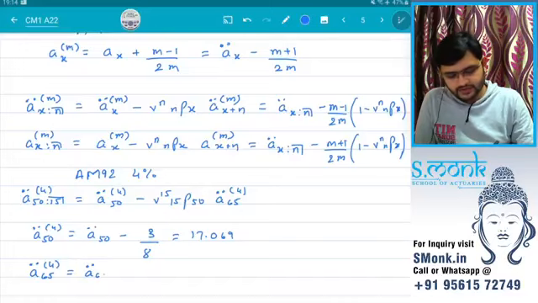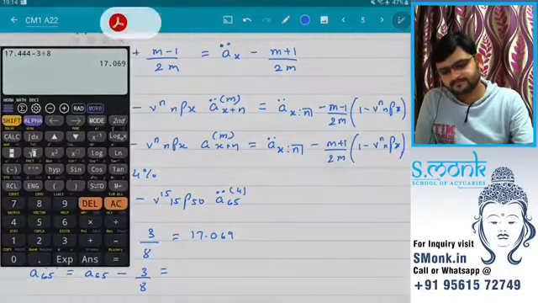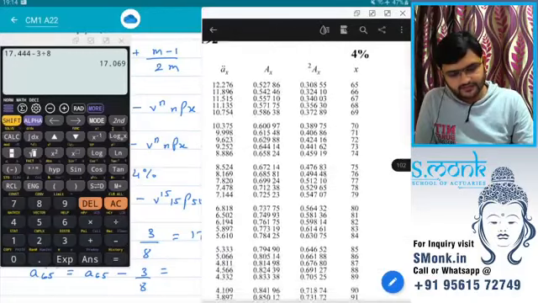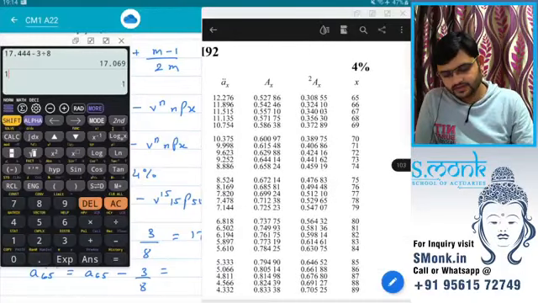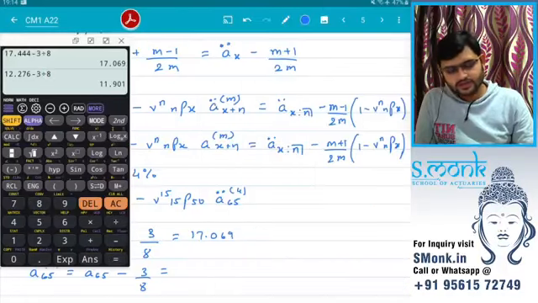We'll have ä 65 minus 3 by 8. For 65, we have 12.276 minus 3 by 8, which is 11.901.